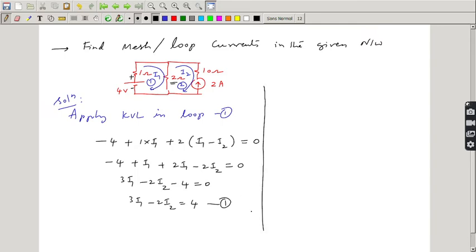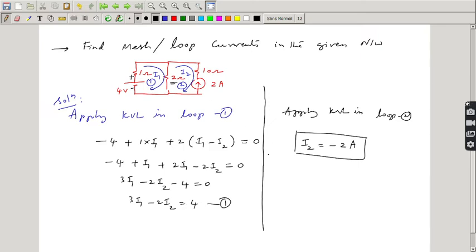Okay, I'm developing the KVL equation here. Now apply KVL in loop 2. By observation, I'm not going to apply KVL in the loop; I can directly write the loop current I2 equals minus 2 amps. Why? Because the source current is in the direction opposite to the loop direction.